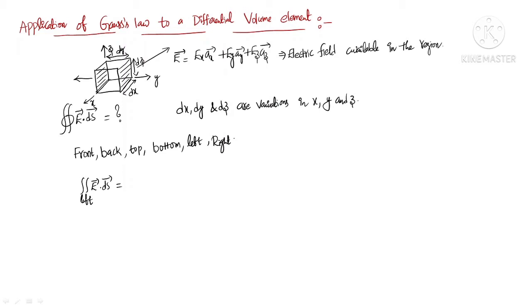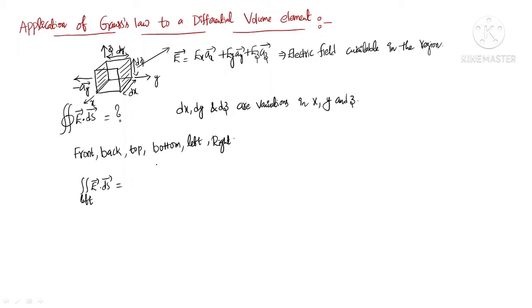Taking positive y direction towards the right would be the inward normal, but we want the outward normal, so it is in the negative y direction, negative ay bar.